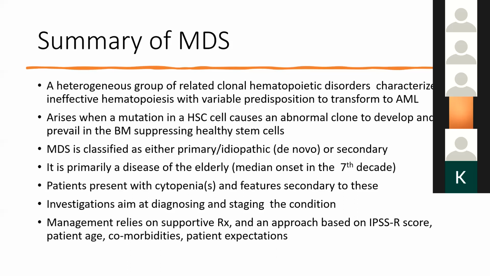These disorders arise when you have a mutation in your hematopoietic stem cell, and this causes an abnormal clone to develop, and this clone prevails in the bone marrow. It crowds out or suppresses the normal healthy stem cells. And the more they suppress these normal healthy stem cells, the more the patient presents with the features of the anemia, the neutropenia, and the thrombocytopenia in whatever combinations.